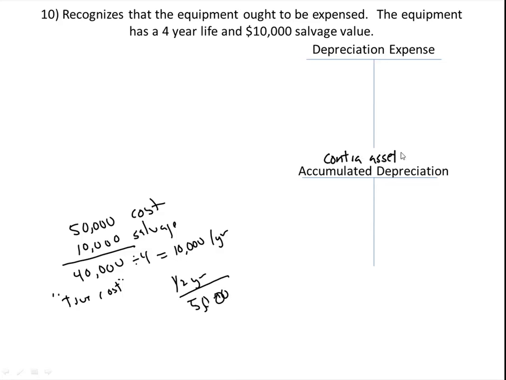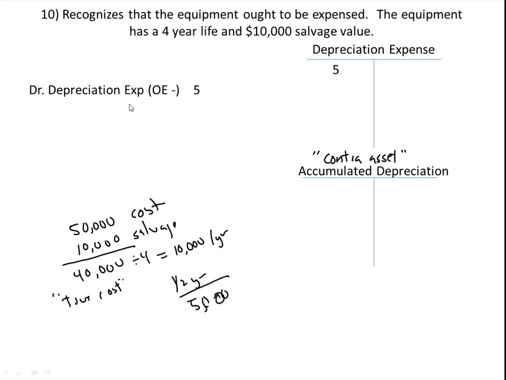We can have all sorts of contra accounts. This is a contra asset. That is, it lives with the assets. It lives on the left-hand side of the equation, but it carries a contrary balance. It acts in opposition to the underlying account. So when we depreciate our asset, we're going to debit depreciation expense for $5,000.